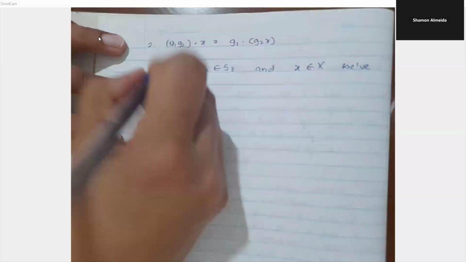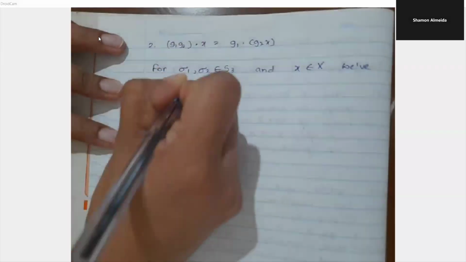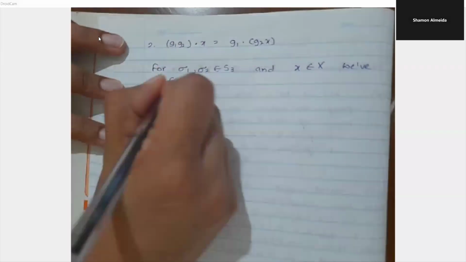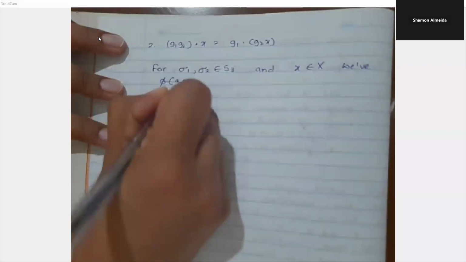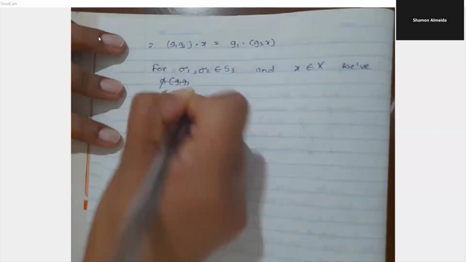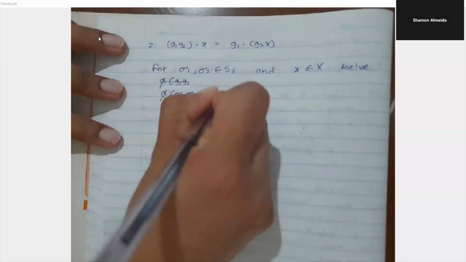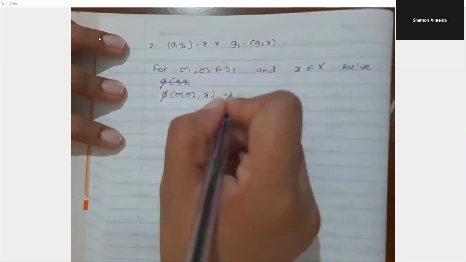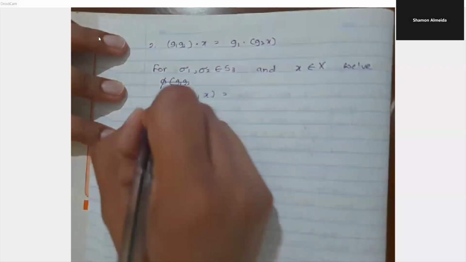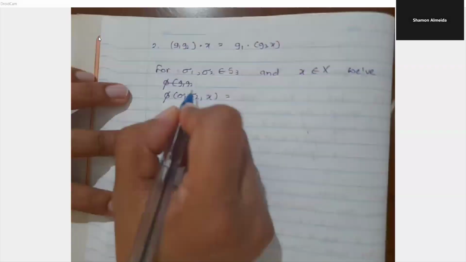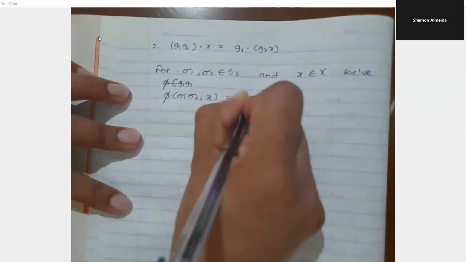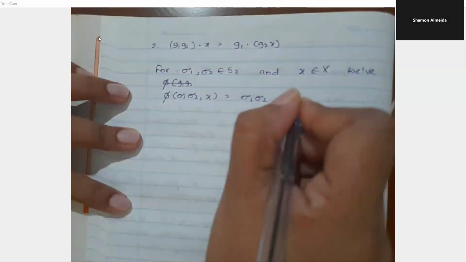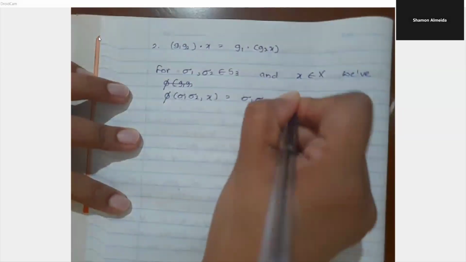We have phi of sigma 1 sigma 2, x is equal to, by definition of the group action we have defined over here, what you see as a multiplication, sigma 1 sigma 2 of x.